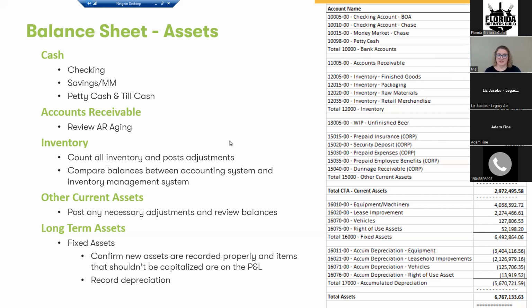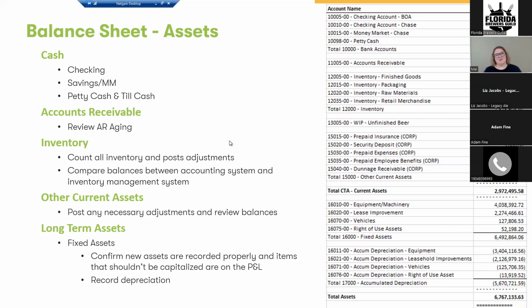I've seen sometimes where something got manually entered incorrectly, so it won't show up on your aging schedule. So just making sure that it's clean. And it's a great opportunity, if you do distribute, to look at your distributor accounts: do you have outstanding amounts that you need to collect from them?